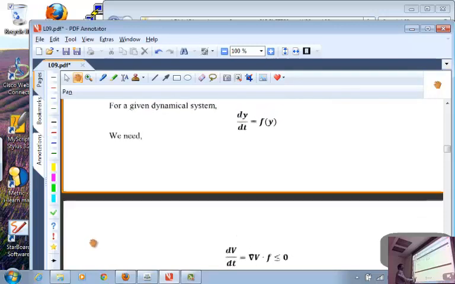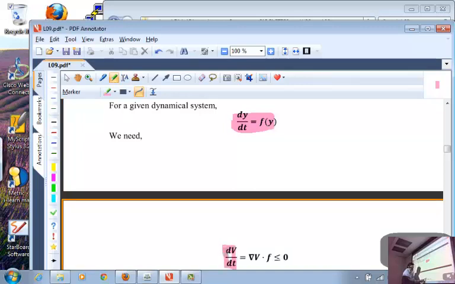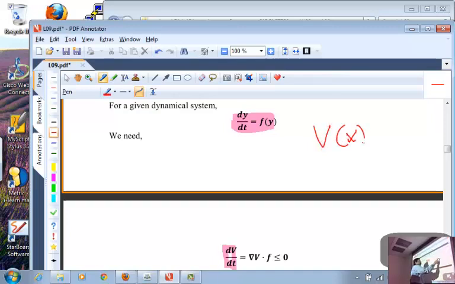And there are some examples of that. So for a given system, if you give me a system dy dt equals f of y, okay, I need to first find that function v and then find its v dot, the derivative. So what is the derivative? The derivative dv dt is, if you use the chain rule, remember, the way that we propose this, v is a function of x, or in this case y.